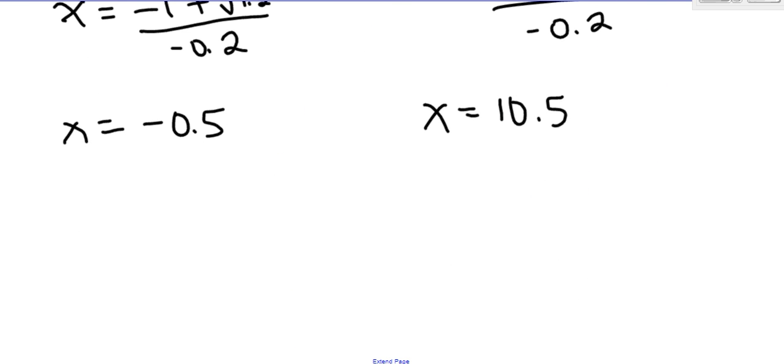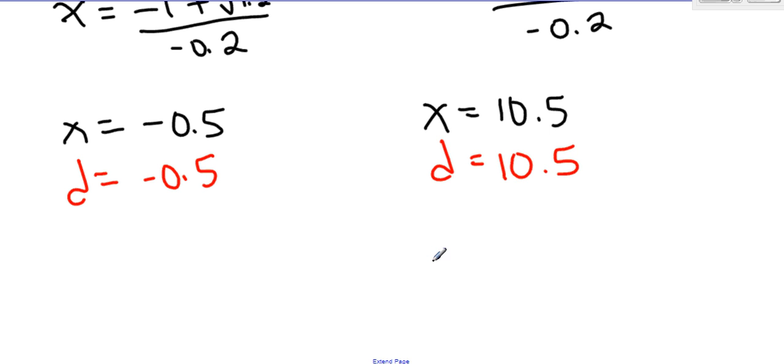So let's see what happened. I used a quadratic formula, and I got these two answers. I got a negative 0.5. Now you'll notice I use x. Okay, my teacher should probably have told me to use d because the equation is based on d, not x. Fine, there you go.